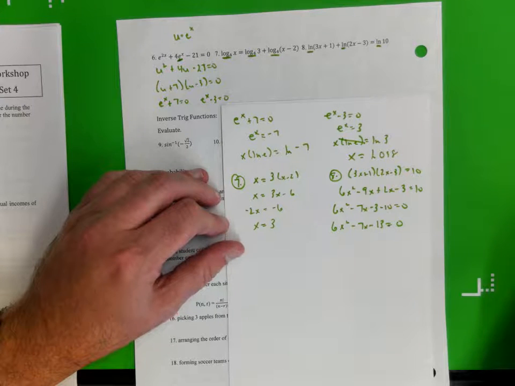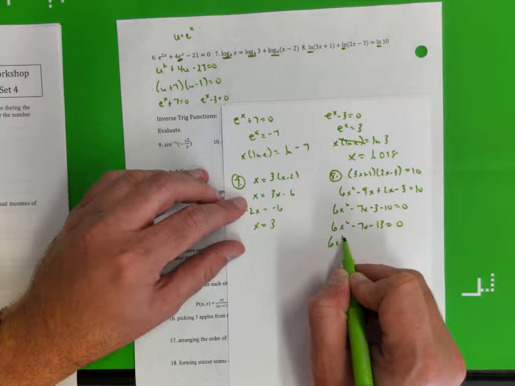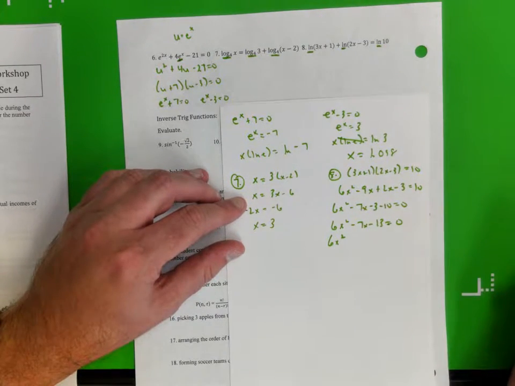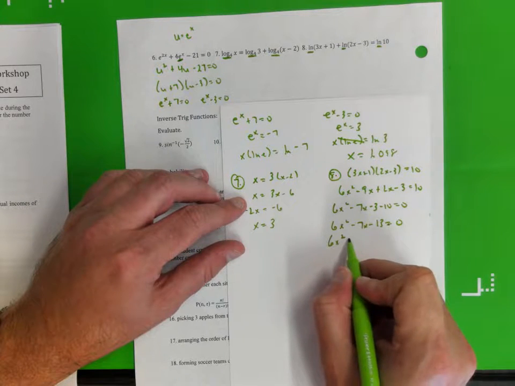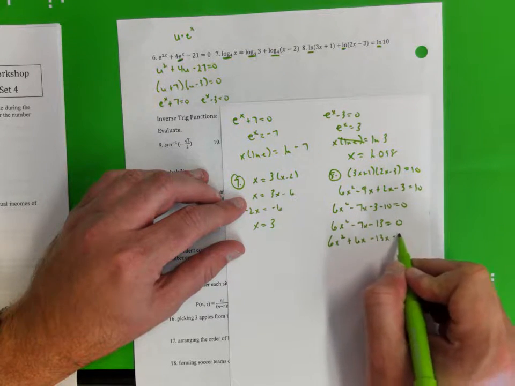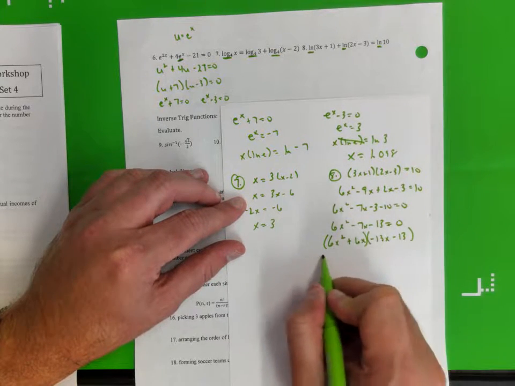Now I have to bust them up. It's got to multiply to give me negative 78 and add to give me negative 7. Well, that's 6 and negative 13. So 6x squared plus 6x minus 13x minus 13. Here I could take a 6x out.